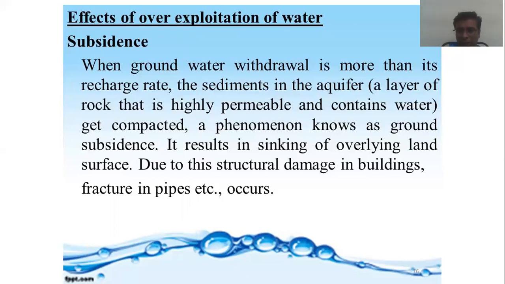Let us take one example. If you are continuously using this groundwater for these applications, the lowering of the water table, the groundwater level, is gradually decreasing from 10 meters to 11, like that it is gradually decreasing.